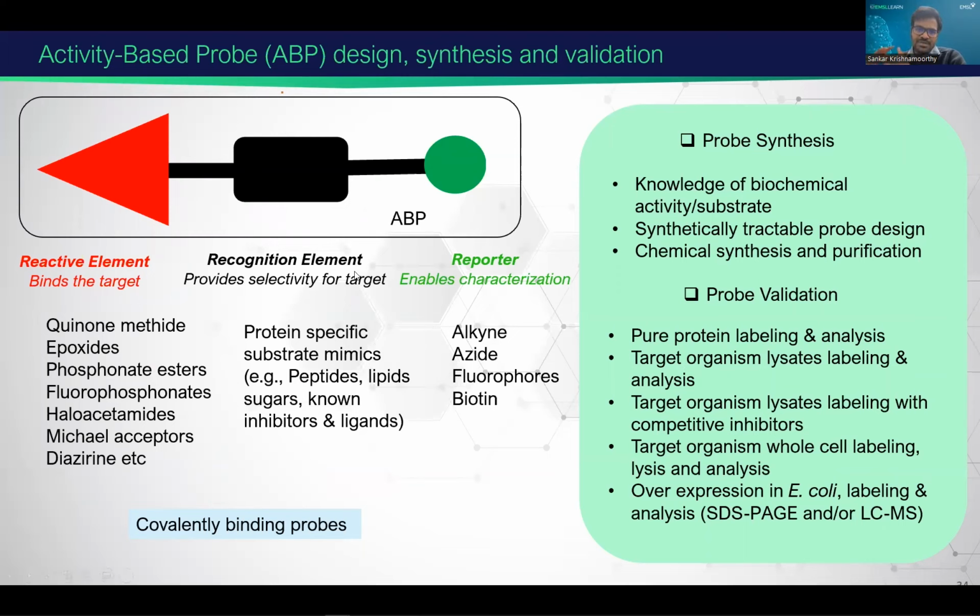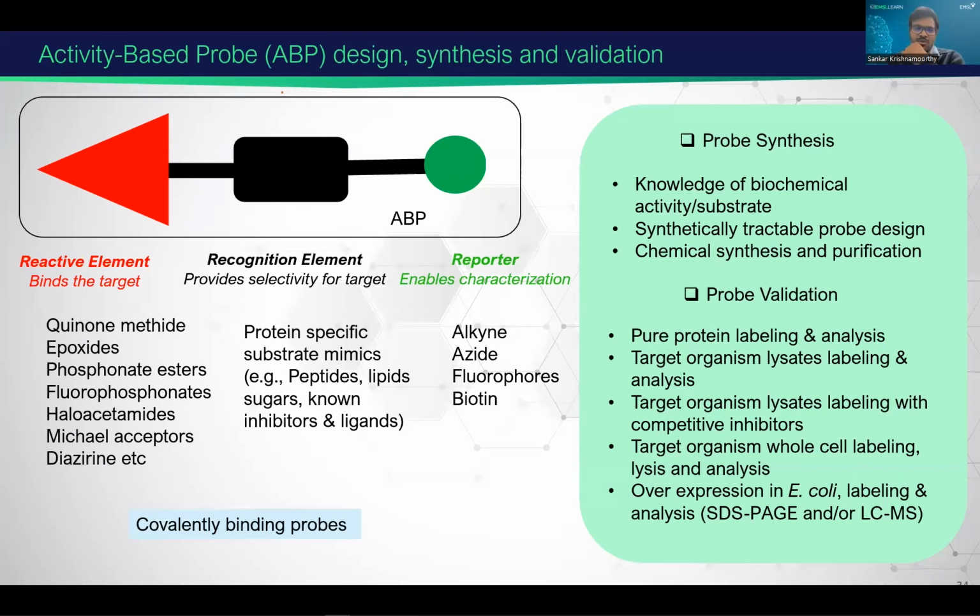So typically, the probe development involves understanding of the targets and understanding of the protein small molecule interaction. And we will design a probe and synthesize it to get the probe in pure form. And then we validate it using either pure protein, a non-pure protein target, or cells or organisms with the protein of interest.